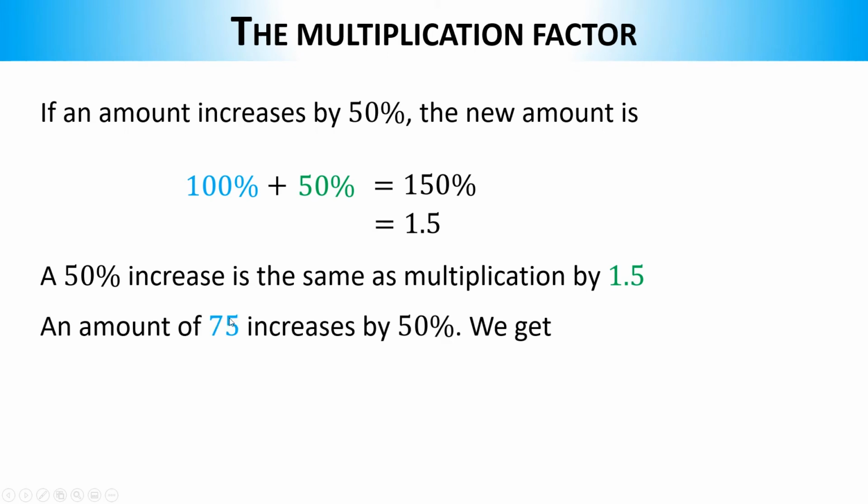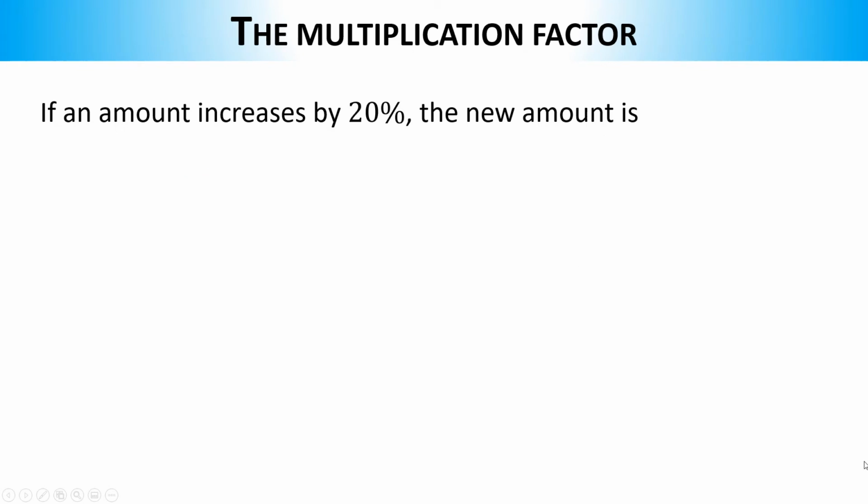And we saw this already. Basically, if an amount of 75 increases by 50%, we get 75 times 1.5 is 112.5, as we already saw. And this works for any number and any percentage change. If an amount increases by 20%, for instance, the new amount will be the old amount, so 100%, plus 20%, which is 120% of the old amount.